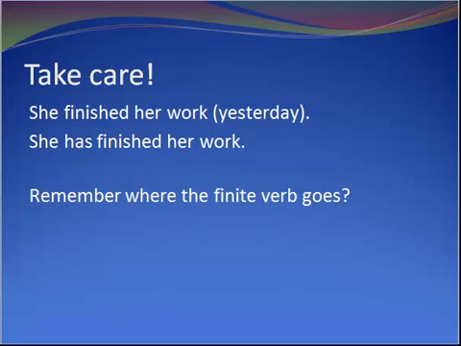Now, because finished follows the finite verb, it can't be finite itself, and so it must be a participle and not a past tense. So in the first sentence it's past tense, she finished her work. In the second sentence, finished is a participle because it follows the present tense finite verb has.